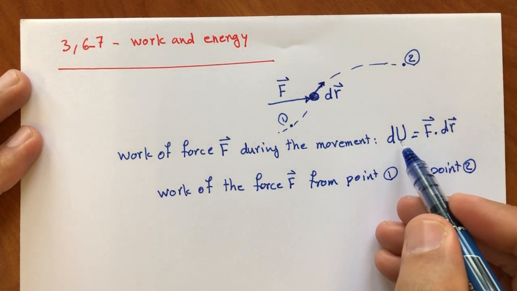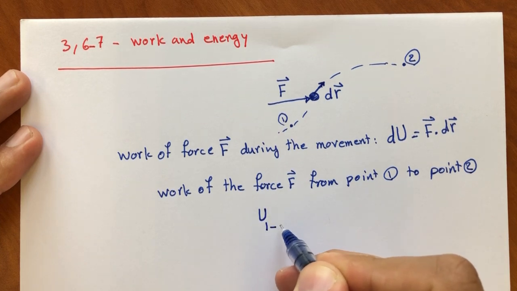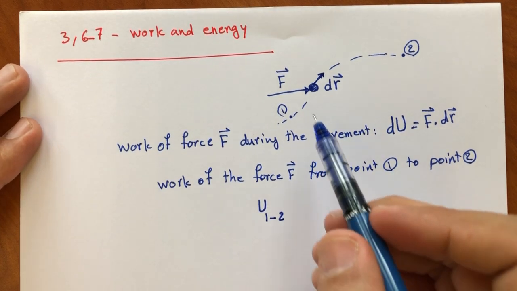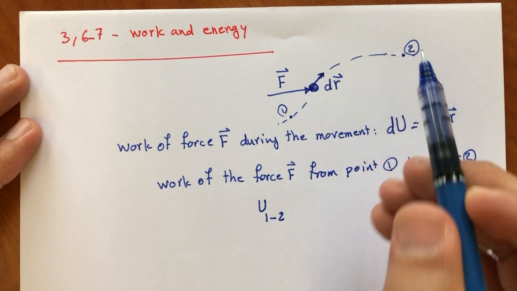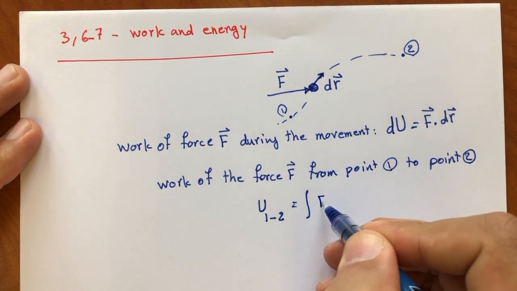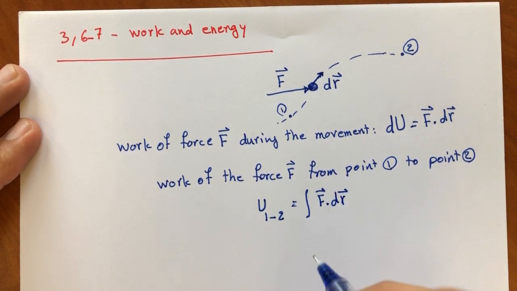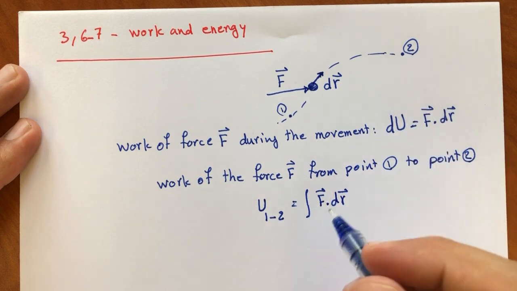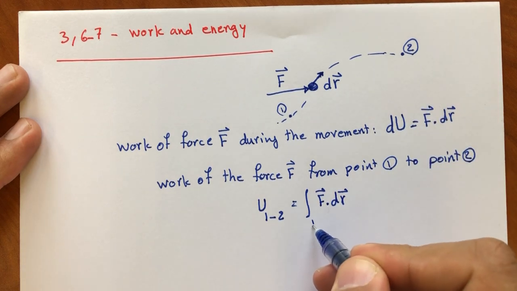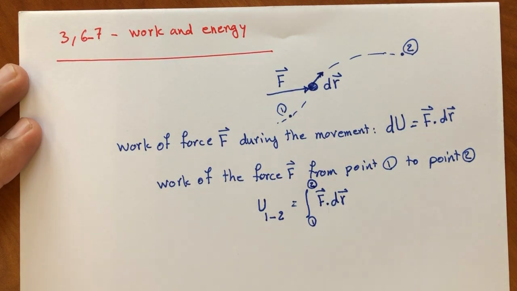So the integral of dU is going to be U, and we show it with U from 1 to 2, which means the work of force F from point 1 to point 2 is going to be equal to the integral of F dot dr, starting from 1 and ending at point 2. That's going to be the definition of work.